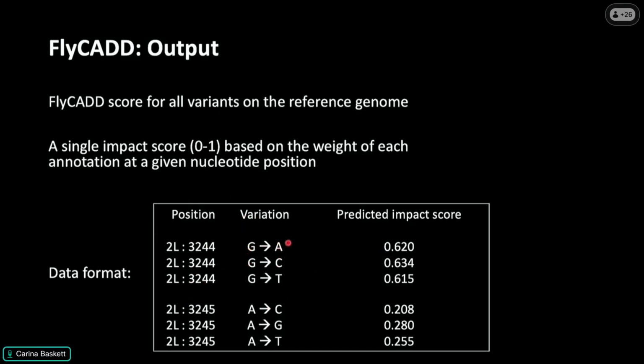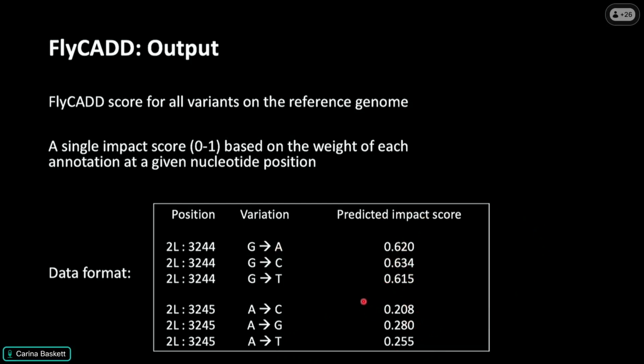So a G to an A substitution would have a score, for example, of 0.6. G to C would be 0.63, and then G to T would be 0.61. And then if you look at a different position, these scores may be lower or higher. So this is basically what it is.